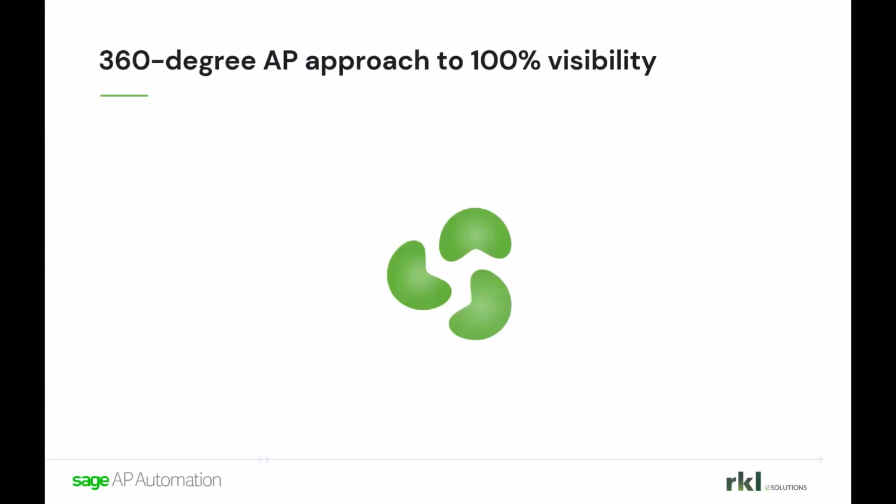Now, in terms of the 360-degree AP approach, giving you, of course, as much visibility as possible. So, I don't like to say 100%. I'm not that cocky. I like to say 99.9% visibility, just in case, because we're still human at the end of the day. So the finance solutions contributing to growth in the remote work area.